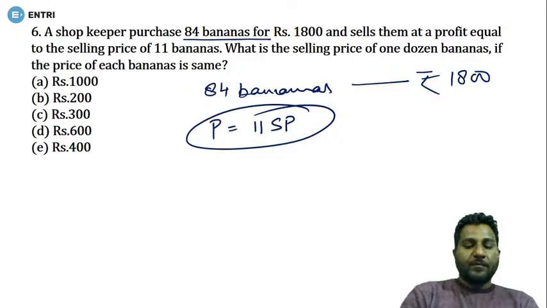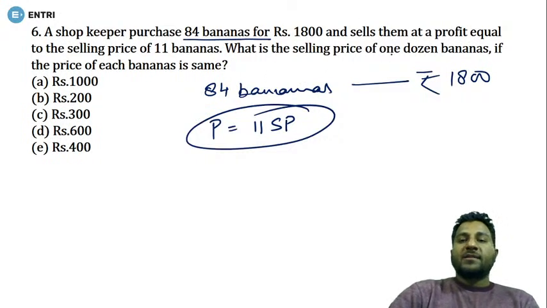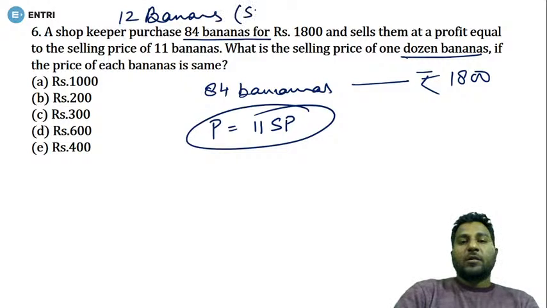Now tell me the answer. What is the selling price of 1 dozen bananas? So the selling price of 12 bananas. We need to find that, if the price of each banana is the same.